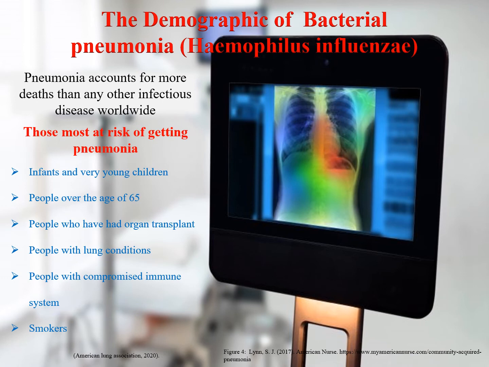Pneumonia accounts for more deaths than any other infectious disease worldwide. Anyone can get pneumonia, but many factors can increase your chance of getting sick and having a more severe illness. One of the most important factors is your age.